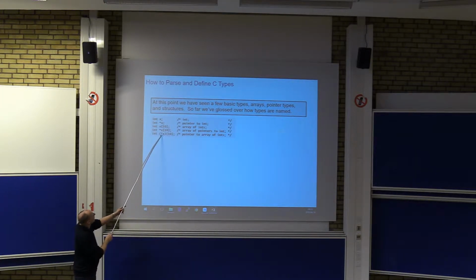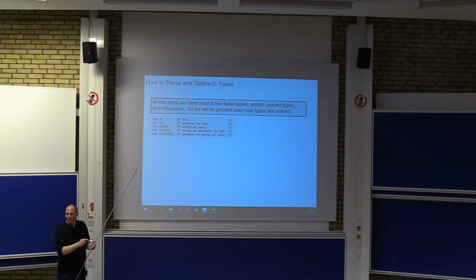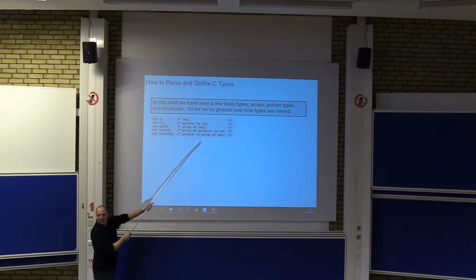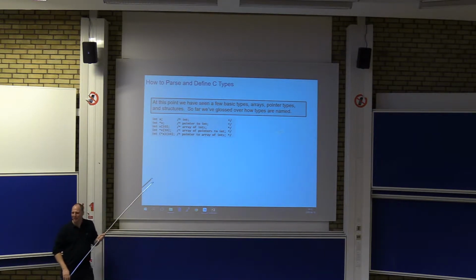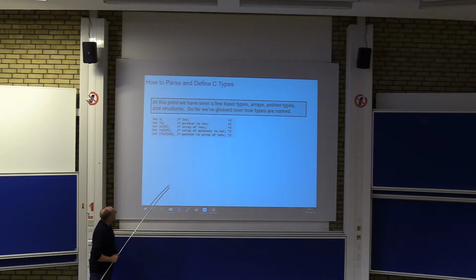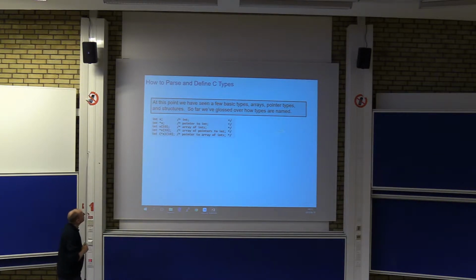And if you have it like this, then x is just one element, an address to an array of integers. So here we represent one address, here we have 10 addresses.